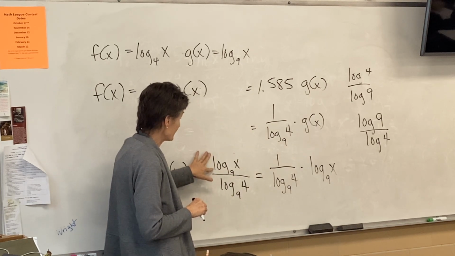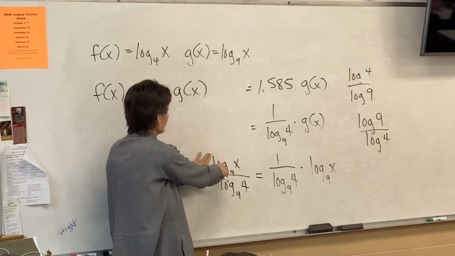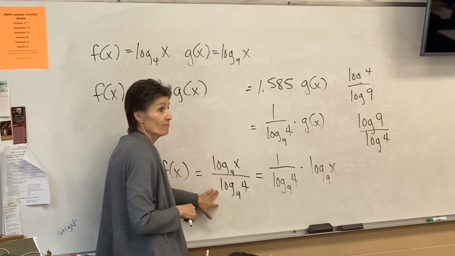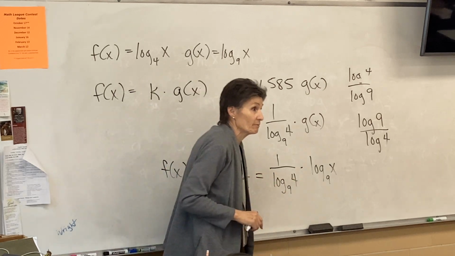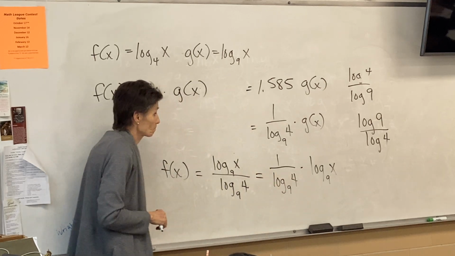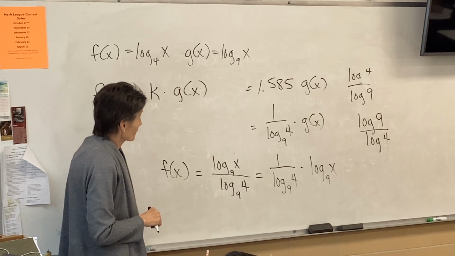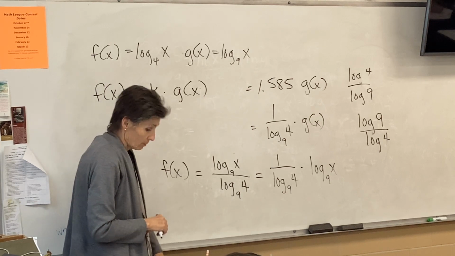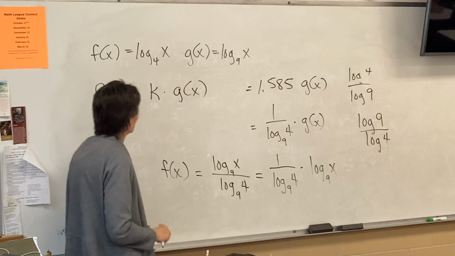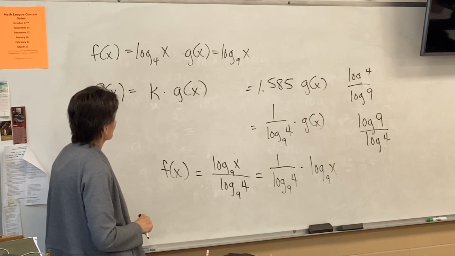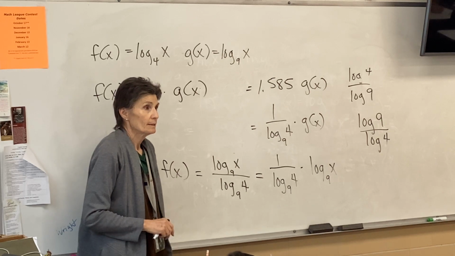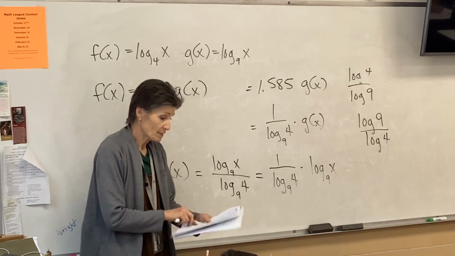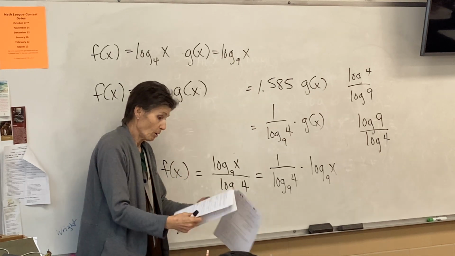This is my g function, right here. That's g, and it's divided by this. So dividing by 2 is like multiplying by 1/2, right? Oh, that is so cool. So basically, can we do that with any 2 functions? Yeah, that's pretty cool. All right, onward and upward.